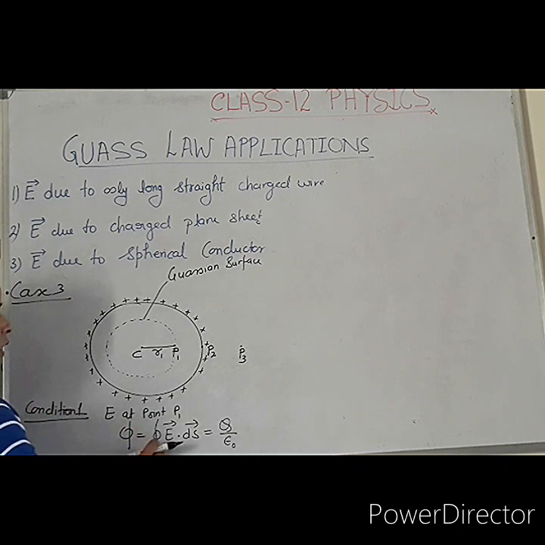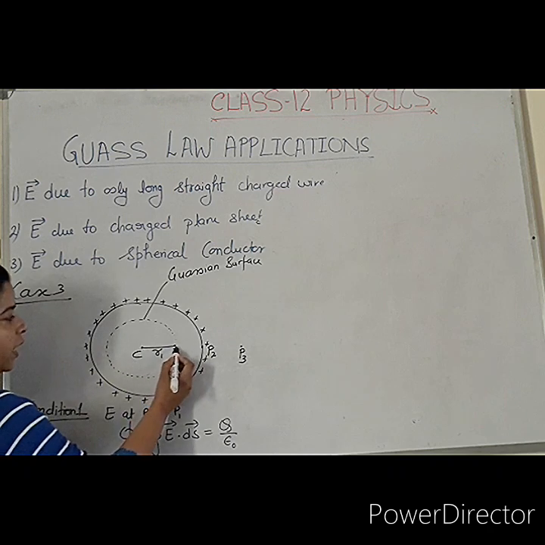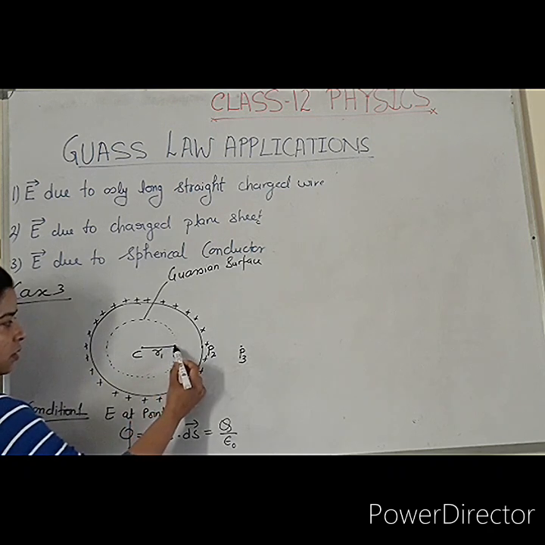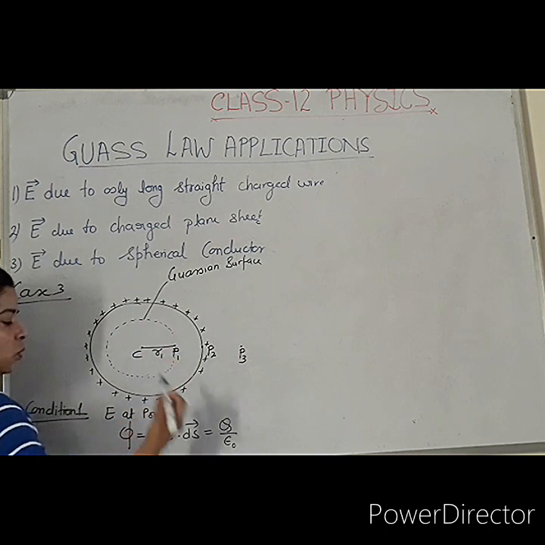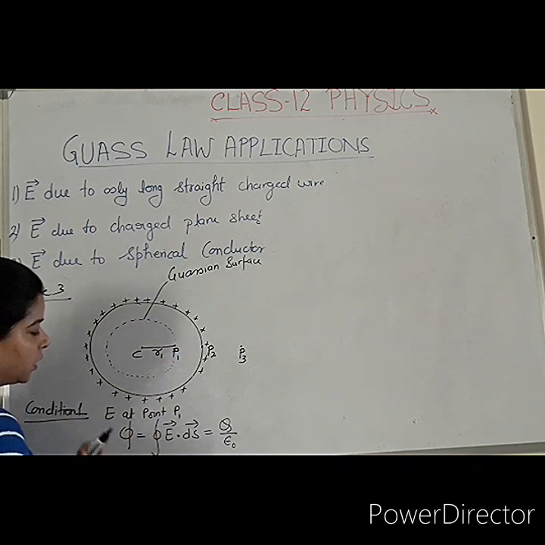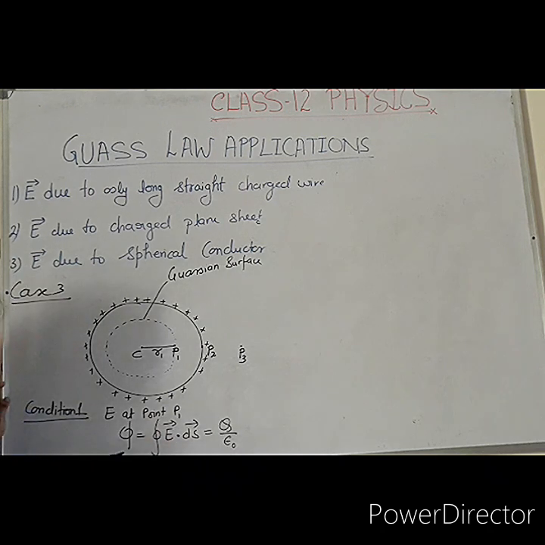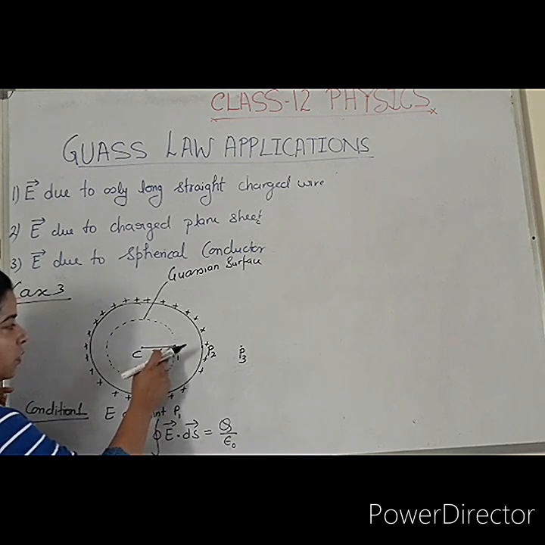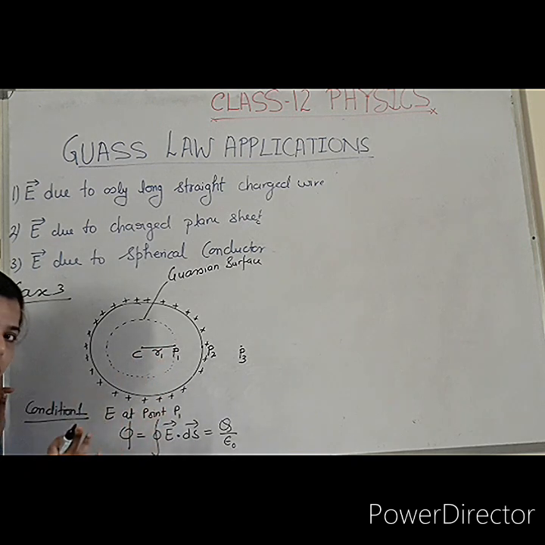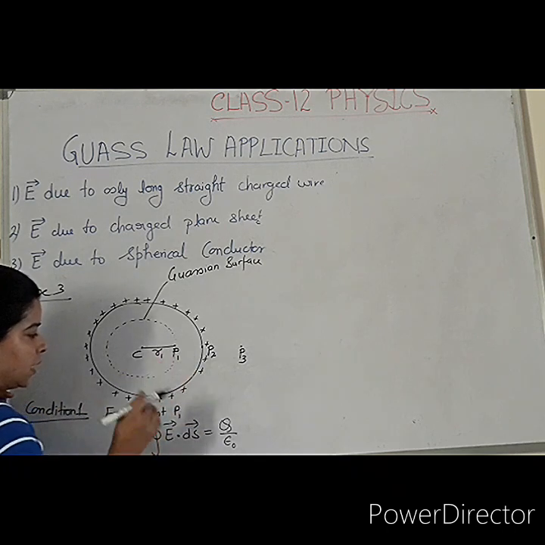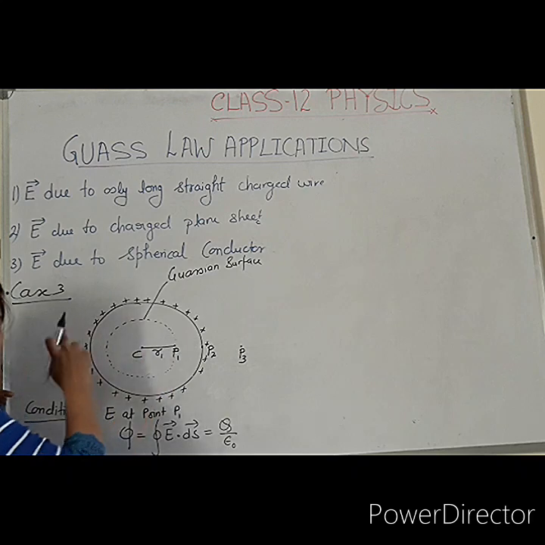Now for E dot ds, the electric field at point P1, first of all we need to take the dot product, that means the cos theta value. Theta is the angle between E and ds. ds means the normal unit area vector. So here the angle between the two may become 0. But before this, the basic theory is: is there any charge enclosed by this Gaussian surface?